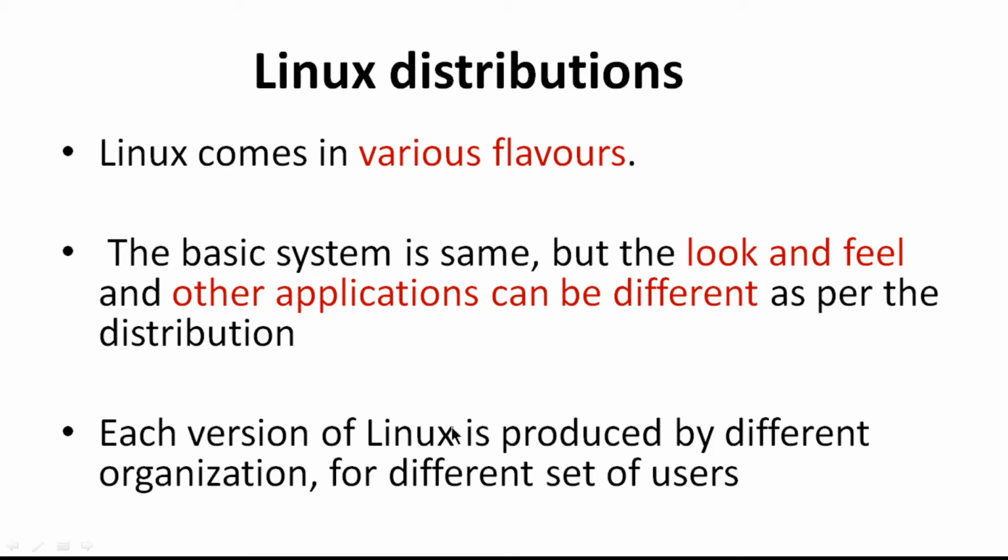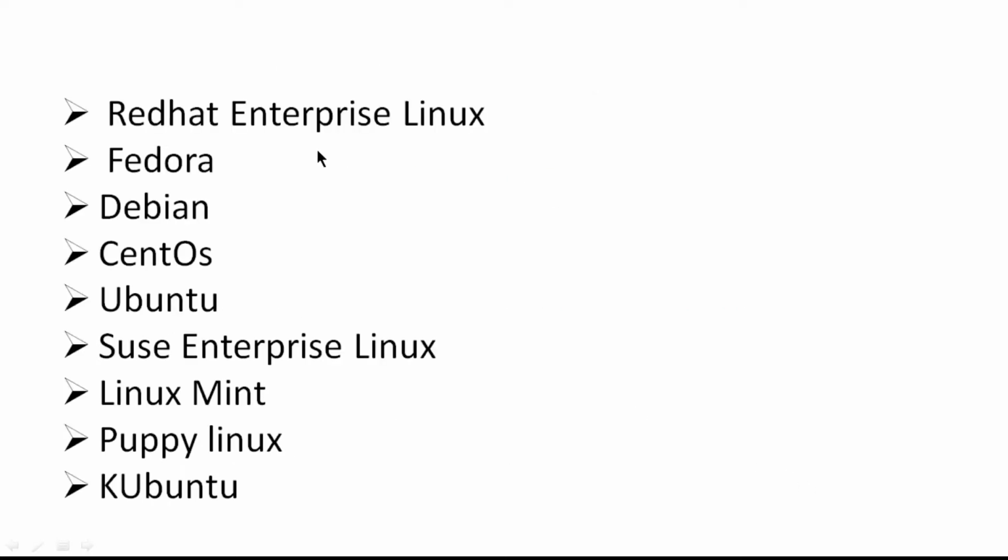Each version of Linux is produced by a different organization and designed for a different set of users. Some examples of Linux distributions are Red Hat Enterprise Linux, Fedora, Debian, CentOS, Ubuntu, SUSE Enterprise Linux, Linux Mint, Puppy Linux and Kubuntu.